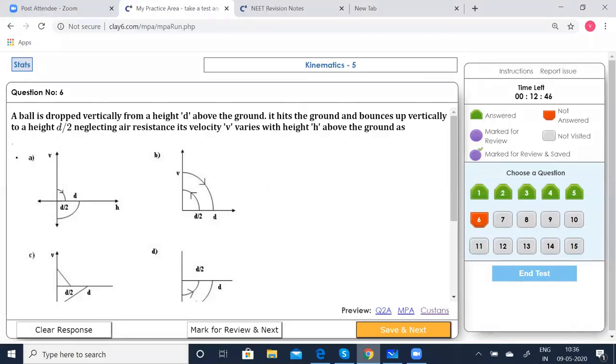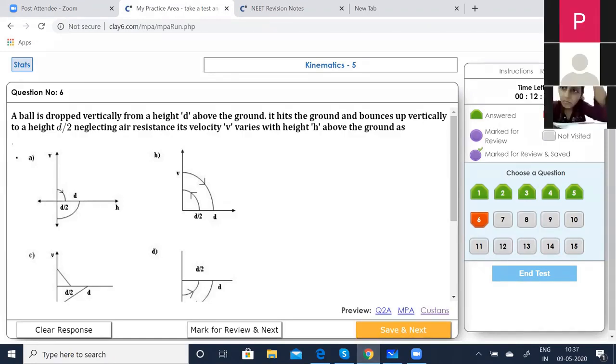So it is going to be at 0, and d by 2 at 0, right? And since it is also going to be a parabolic graph, C cannot be the correct option. It is going in the downward direction, so obviously this cannot be the correct option. A also cannot be. So E should be the correct option. Okay. So save that.